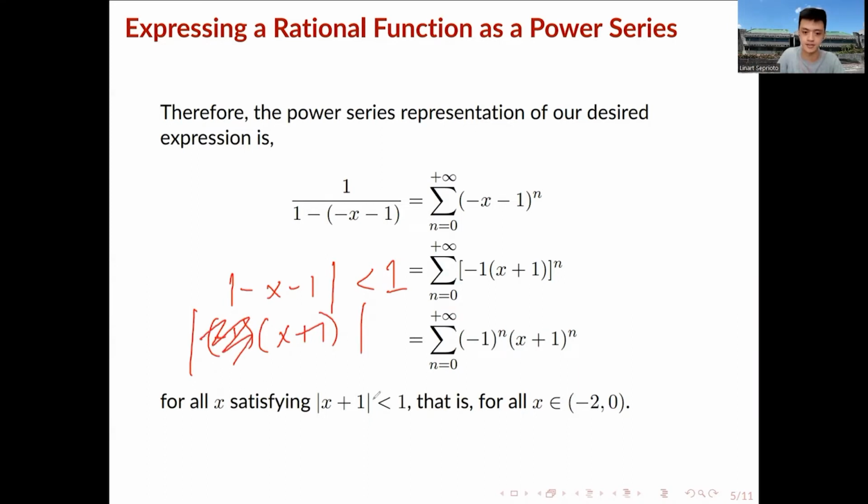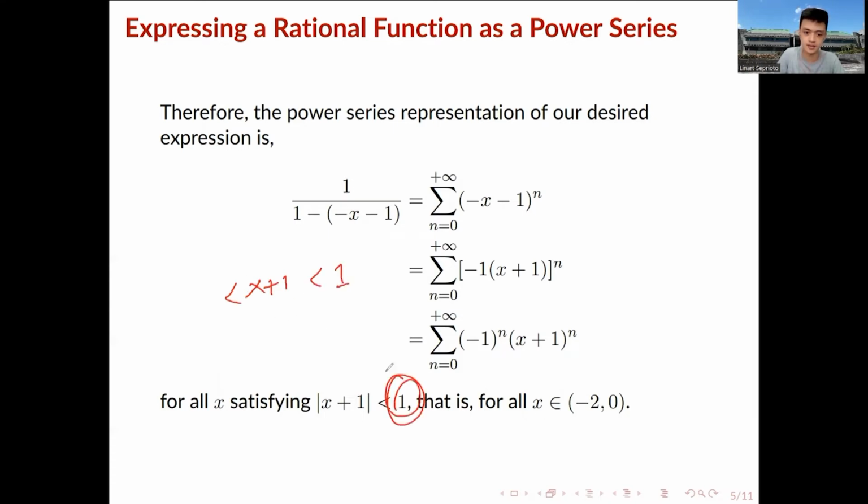So we have this inequality, which will become the interval of convergence. To get the exact interval, since it is still an absolute value inequality, you just write that x plus 1 should be less than 1, and greater than the negative of this 1 here. And then you just distribute this 1 to both sides, and you will eventually find that x is indeed between negative 2 and 0.